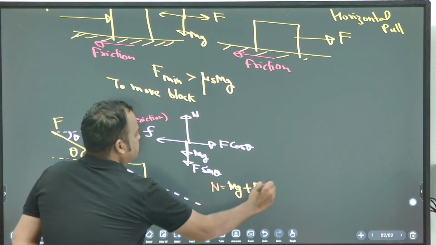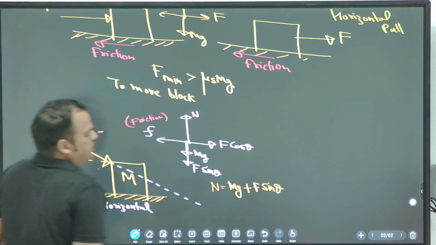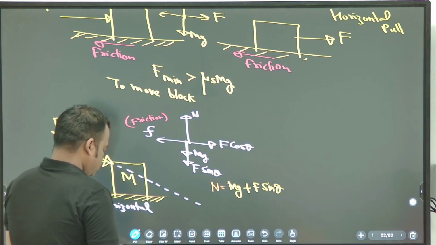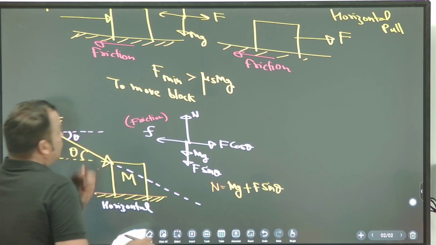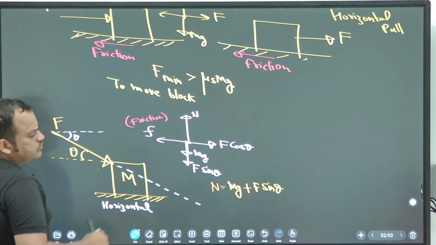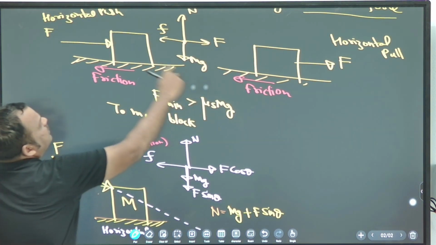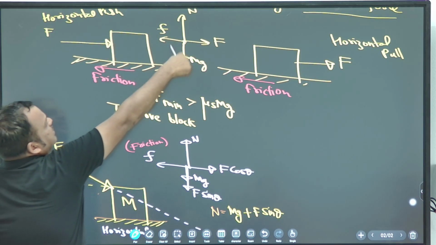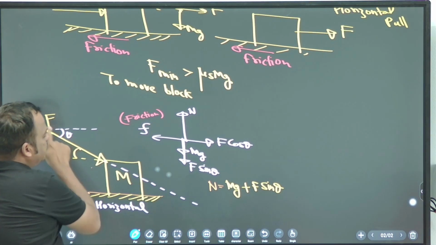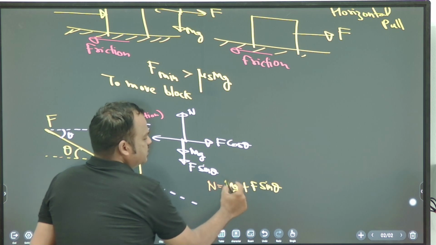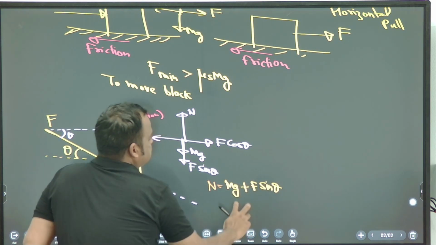Mg plus f sin theta. Very good. So normal is more or less now? Normal is more. Are you getting? So horizontal force, normal is mg. Now inclined push, normal is more.